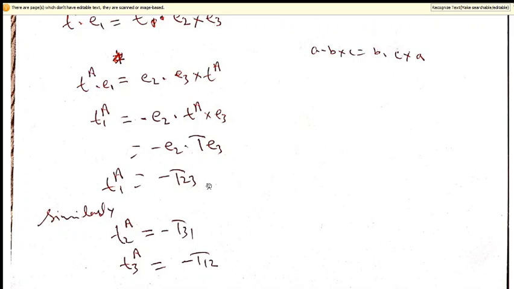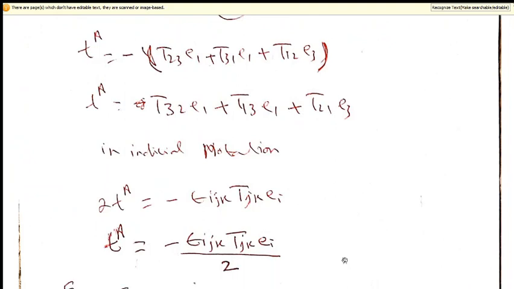You can also write T1 equals minus T23 equals plus T32, with the help of antisymmetry of tensor T, plus T13, plus T21. So you can write this minus outside, and as I was saying, T32, T13 and T21.